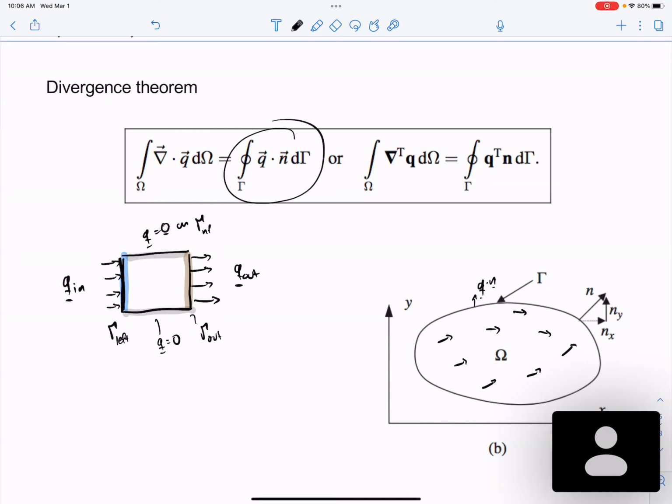If I ask you how much stuff do I have in my box, you would integrate basically all the fluxes over the boundary. And what I told you about the divergence is sort of local gain or loss of stuff. So what is the equivalent of integrating over the entire boundary? The flux is integrating over the domain.